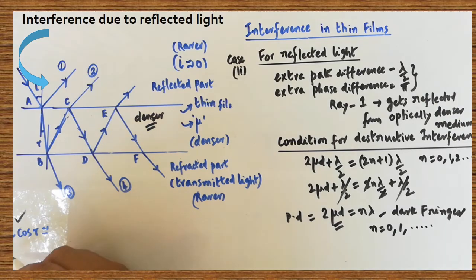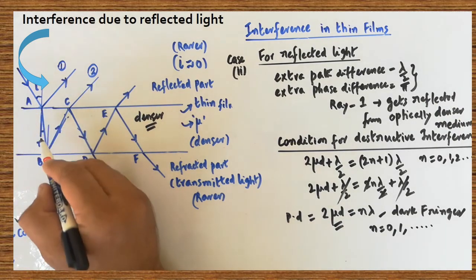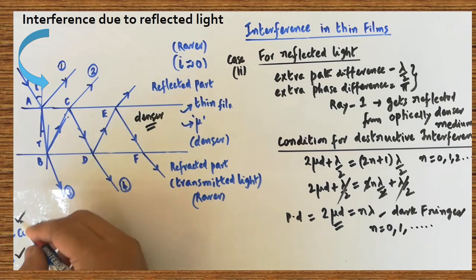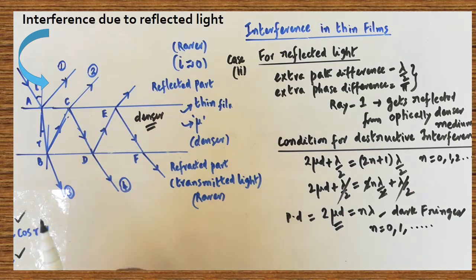That is approximately taken as 2 mu d. Are you clear? If i is 0, r also will be 0. If 0 is substituted, cos 0 becomes 1. So approximately the path difference is assumed to be 2 mu d. Make a note. Just for reducing the steps, we are writing 2 mu d instead of 2 mu d cos r. Make a note.